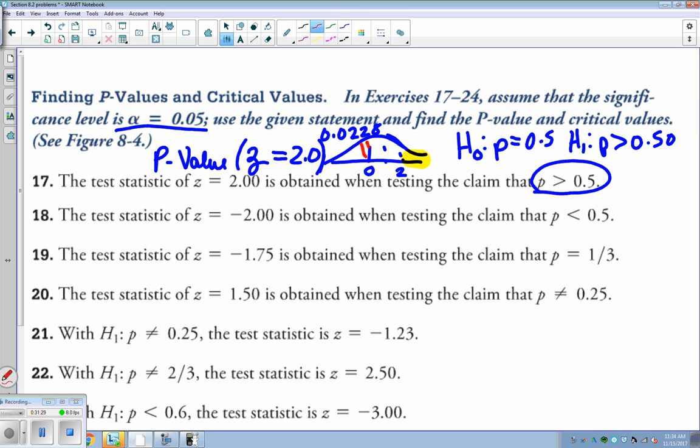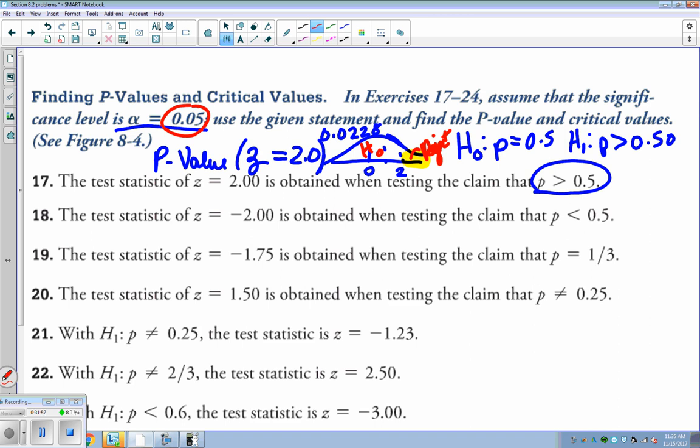This is where H0 would be. This is where I would reject. Alpha is way up here, and my p-value is less than this. Okay?